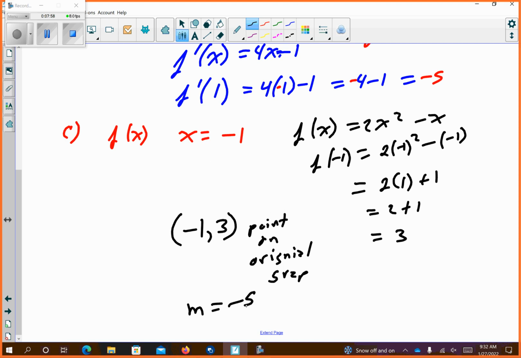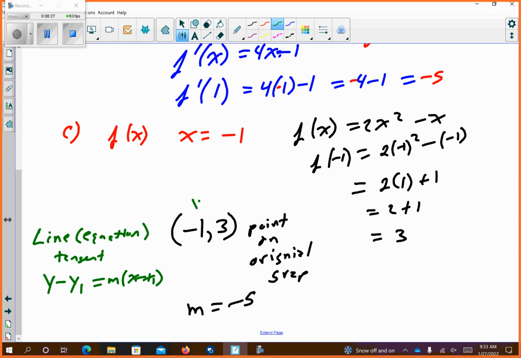Okay? Now, what that could turn into, and it doesn't ask us on our problem itself, is if we wanted to find the equation of the line, and that we're talking about the tangent line. If we wanted to find the equation, we'd use this equation, which is called point slope.